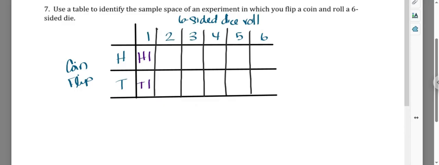So again, identifying row first, then column. And then listing the sample space out.